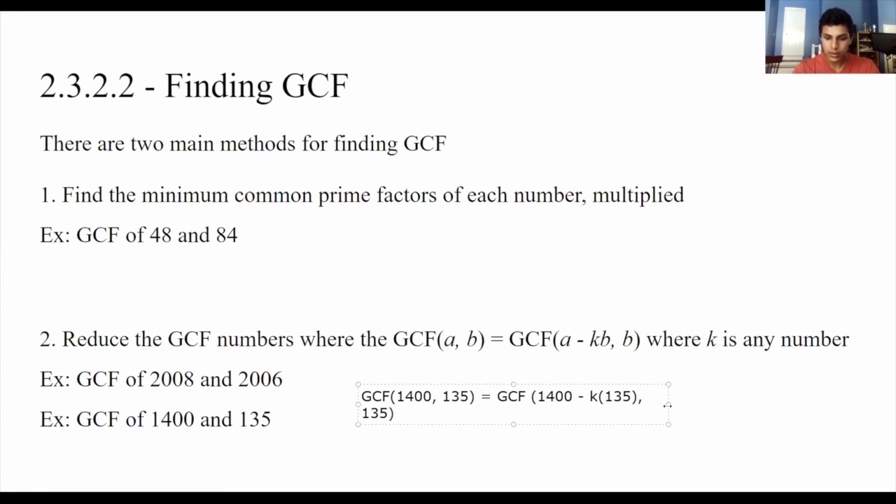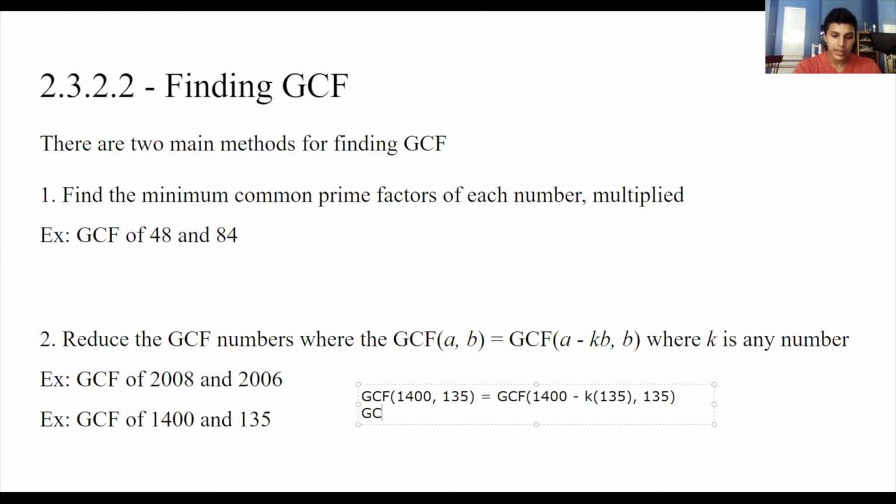Okay, so now I have this written out in this format where the GCF of 1,400 and 135 is equal to the GCF of 1,400 minus K times 135 and 135. Now if I really want to have an impact on these GCF calculations, I want to figure out a value for K, so that when I subtract that from 1,400, it leaves me with a small number.